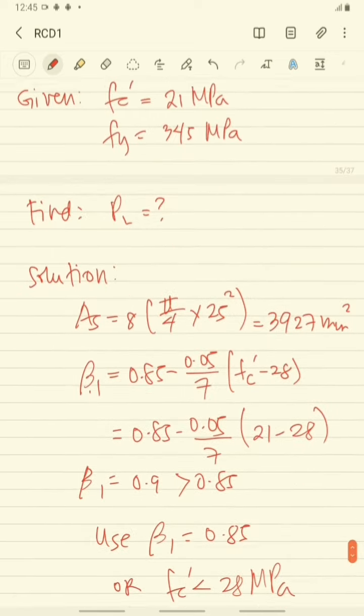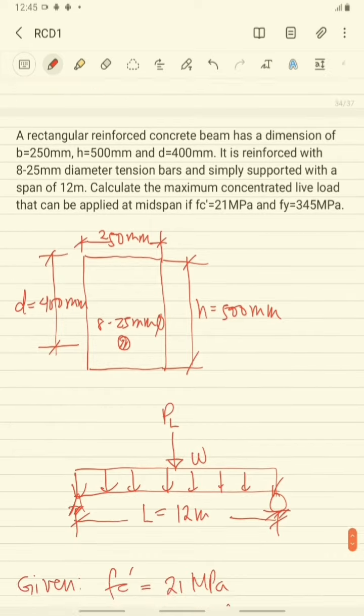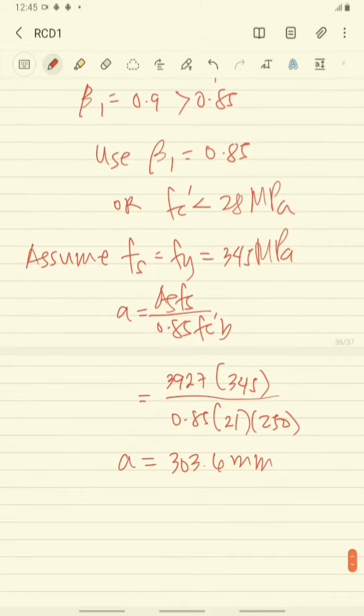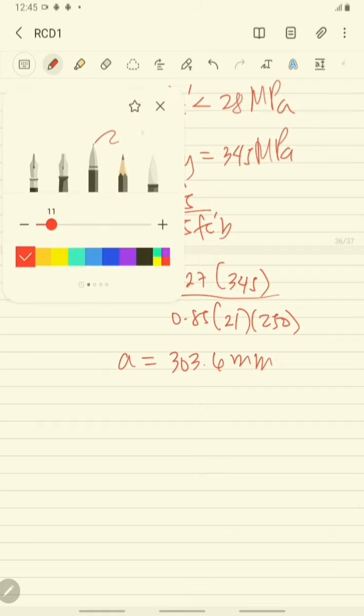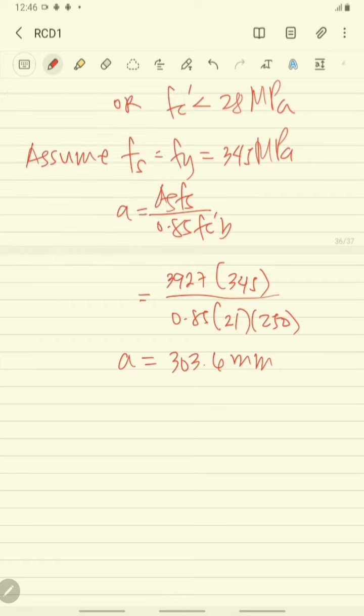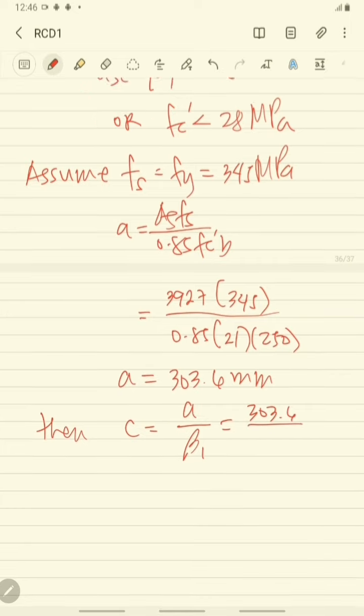Okay, so I have to add this one. We solve this problem using the USD method. Okay, so we have c is equal to a over beta 1, that is 303.6 divided by 0.85.